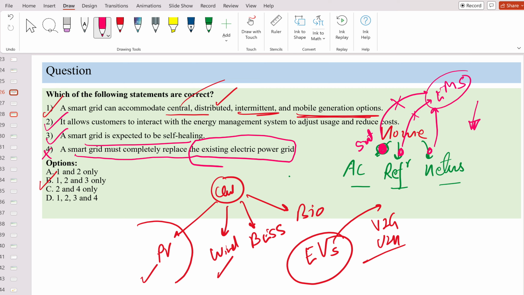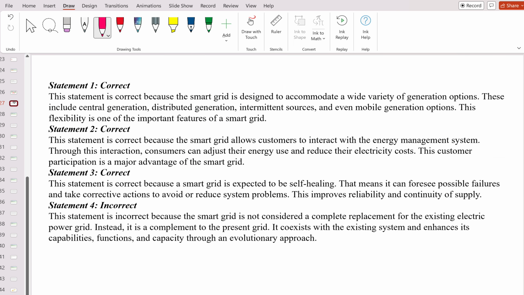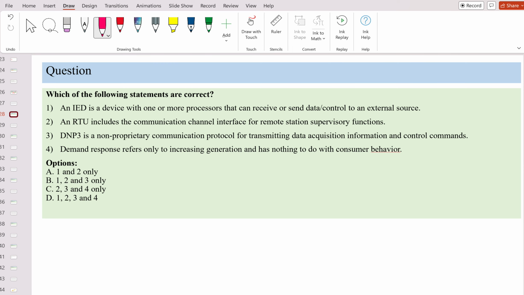It can happen in the future, but must completely replace is not a practical solution. So option B is correct, option A, 1 to 3. Let's move further, try to solve this.